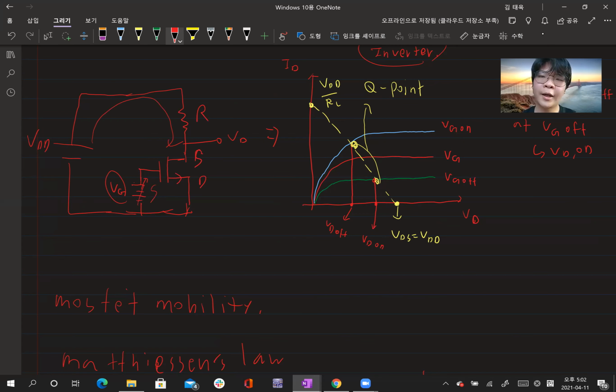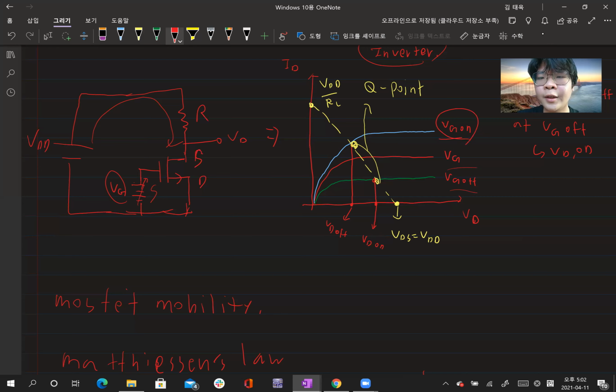Using this ID-VD curve, various cases can be considered, with a lower VG and a higher VG.